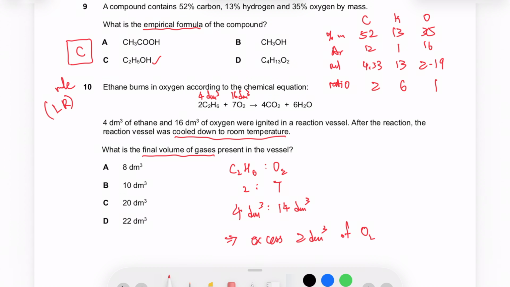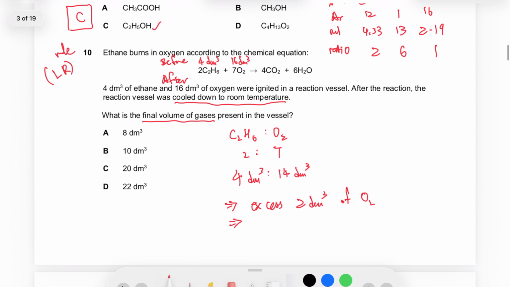Okay, so a shortcut is here you write before, then below you just write after. C2H6 is your limiting reactant. So all of your C2H6 will be used up. So this is 0. So this is your limiting reactant. So this one, you need 14, but you add in 16, so you have 2 dm cube extra. This one at the start is 0, 0.